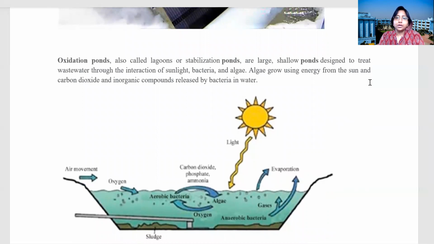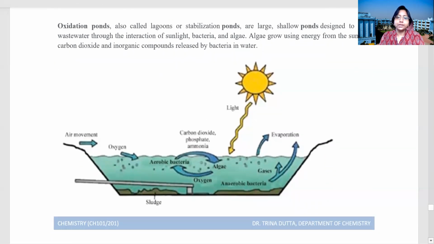Algae grow using energy from the sun and carbon dioxide and inorganic compounds released by bacteria in water. Here you can see that this pond is made in such a way that the decomposition will take place automatically.